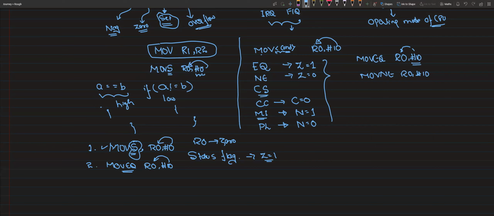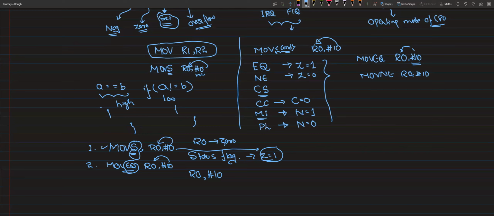The zero flag was already updated due to MOVS in line 1. So now the equal condition is satisfied, and R0 is updated with 10. So finally R0 will be 10.